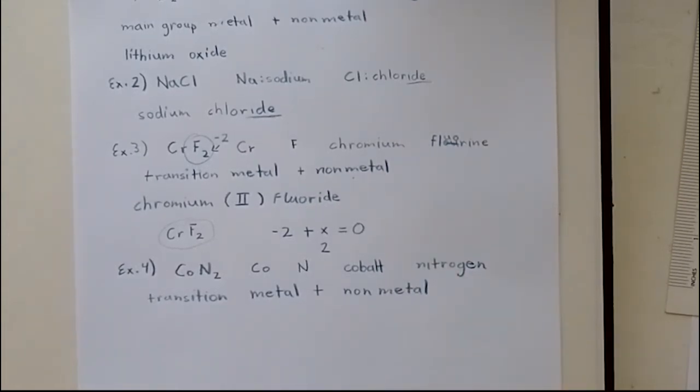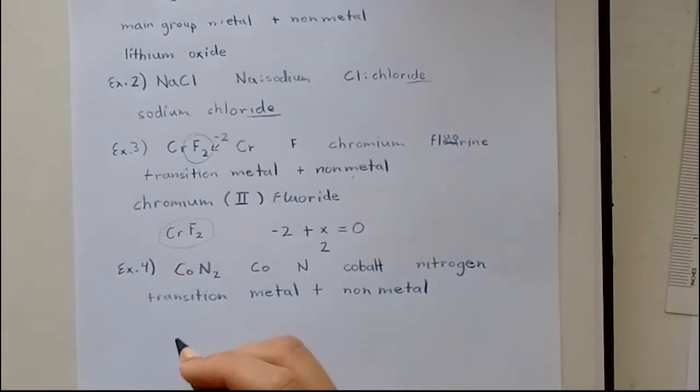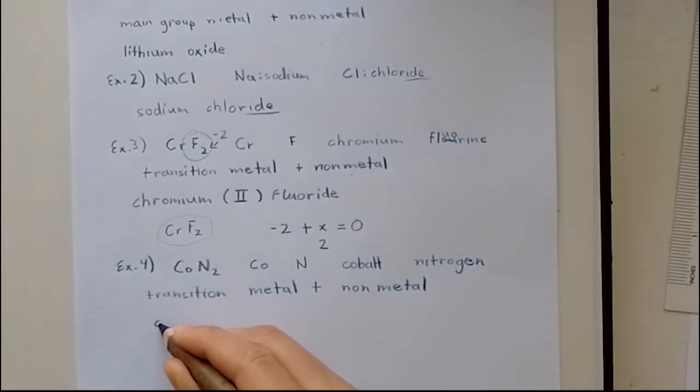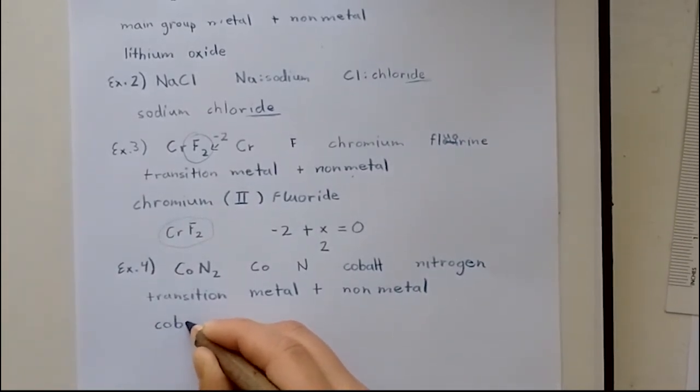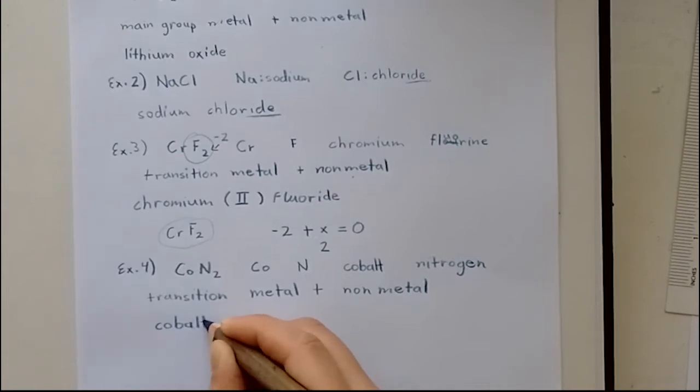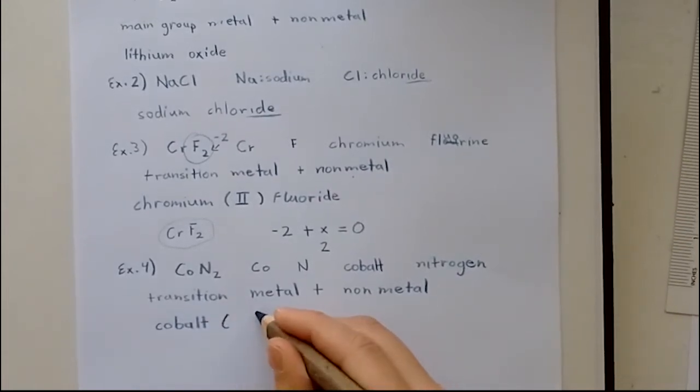In that case, we are going to have to put cobalt's charge in Roman numerals inside parentheses. So we have here the complete name of the first element: cobalt, then parentheses.